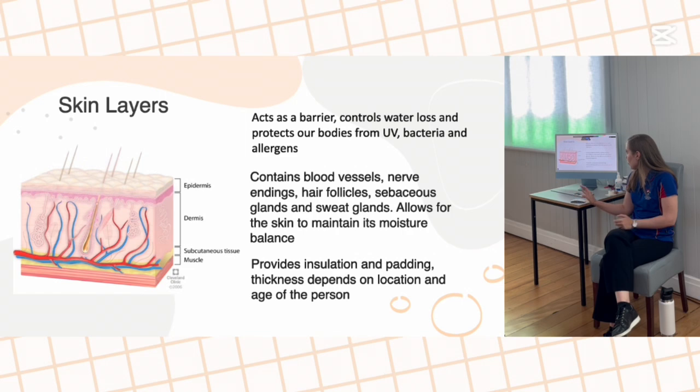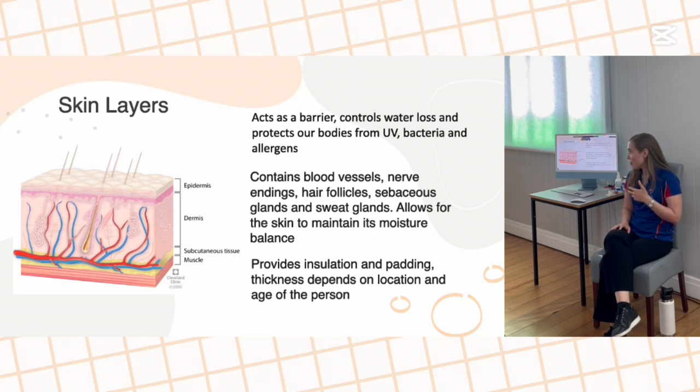With our skin layers, there are a few different parts. We have our epidermis, that barrier. It also controls water loss and protects our bodies from UV, bacteria, and other allergens. We have our dermis, which contains our hair follicles, blood vessels, cutaneous glands, sebaceous glands, and also helps with maintaining our moisture balance.